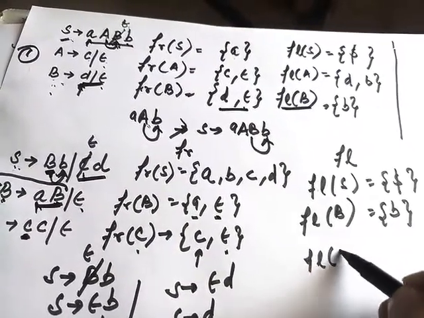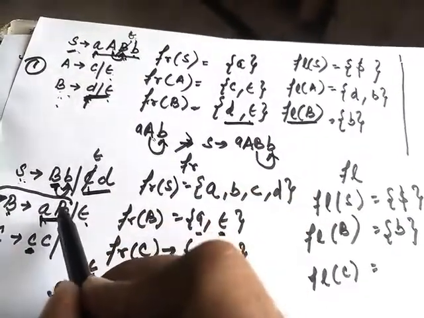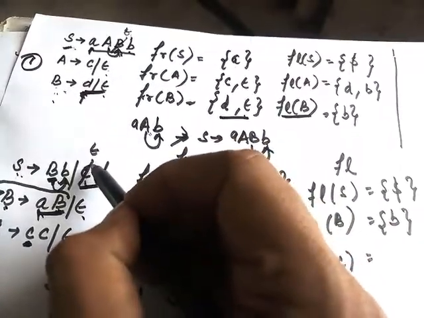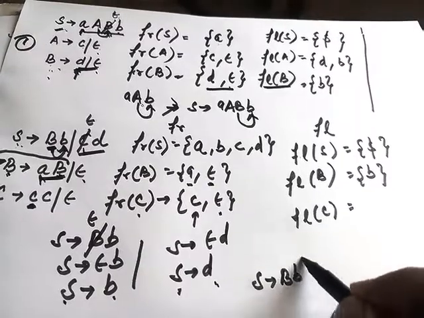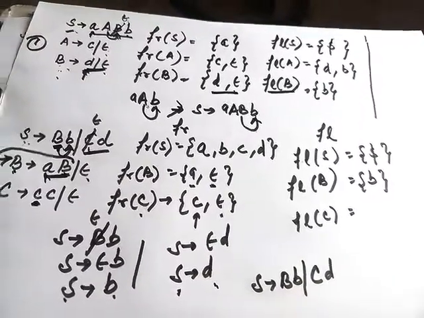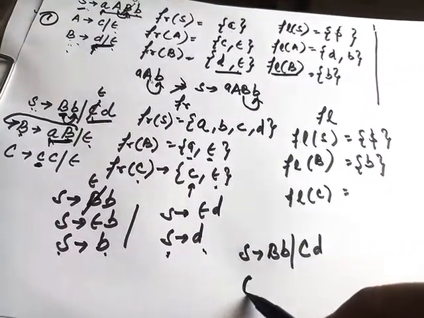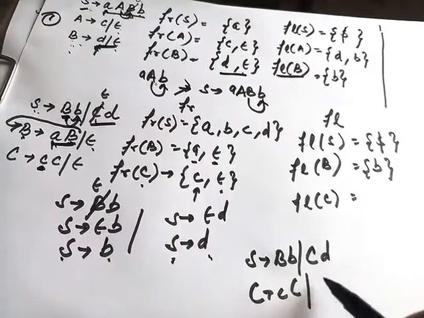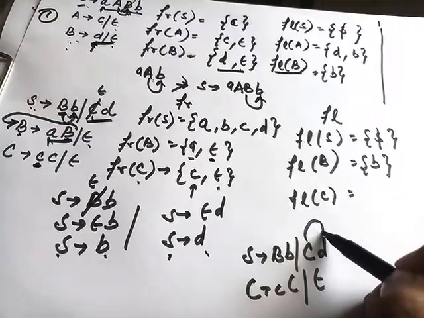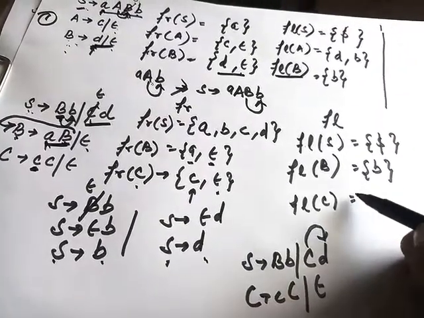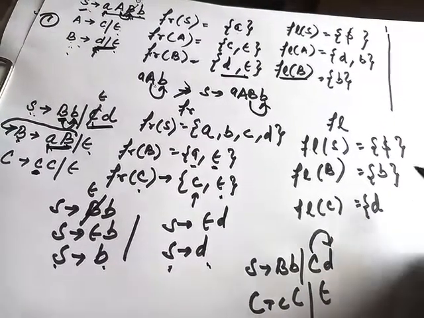Similarly, what is the follow of C? The original production was like this, and C slash epsilon. So what is follow of C? It means what comes after C? It is D, so we will write D over here.